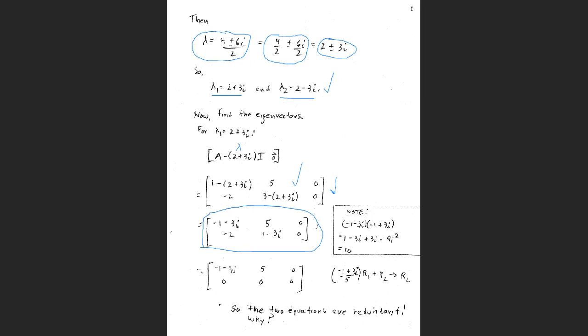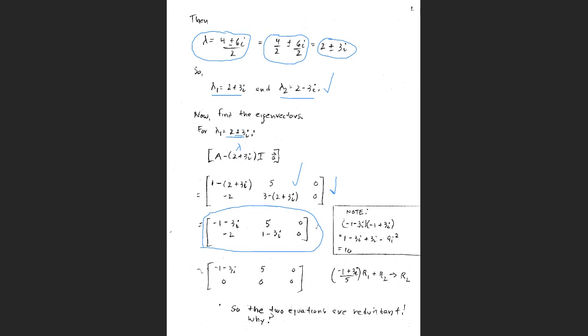And we have to find the eigenvector corresponding to lambda 1 equals 2 plus 3i. So what are we going to have to do? What do we normally do to find the eigenvector? What do we do with the augmented matrix? Matthew is already saying it. We're trying to get it in reduced form.